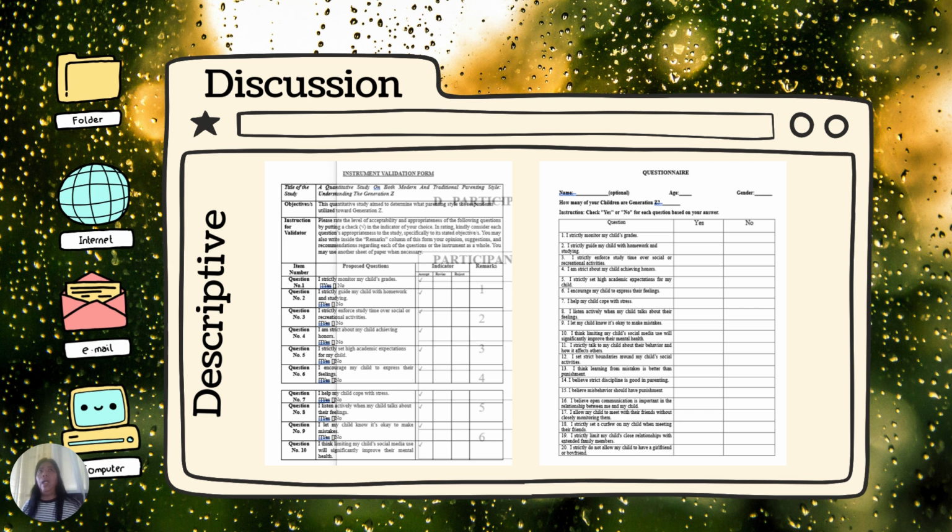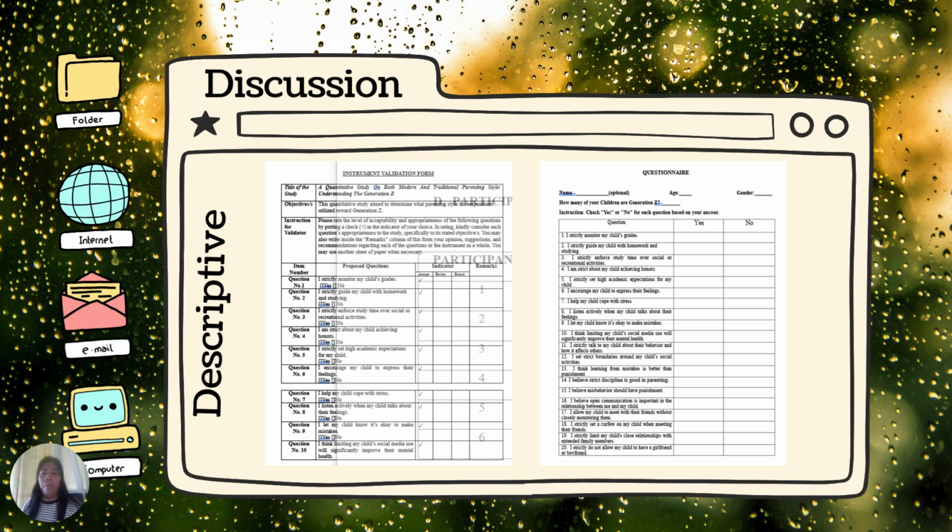Some of the questions may be open-ended or close-ended, but more close-ended questions are prepared by the researcher, because the respondents already have an assumed answer for the choices provided.